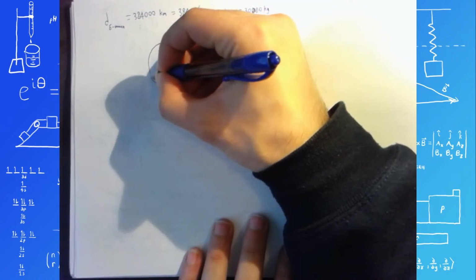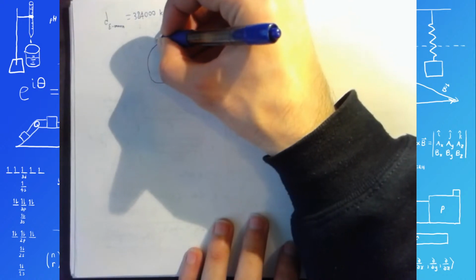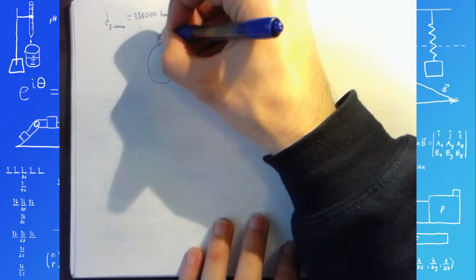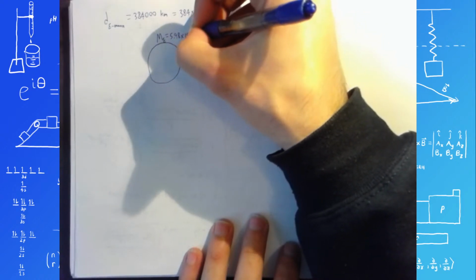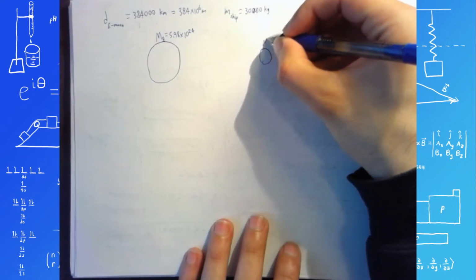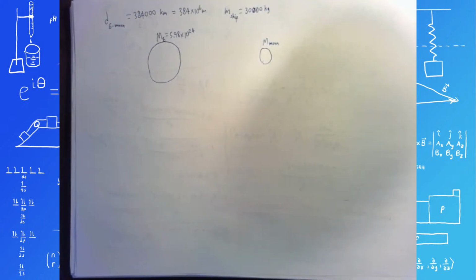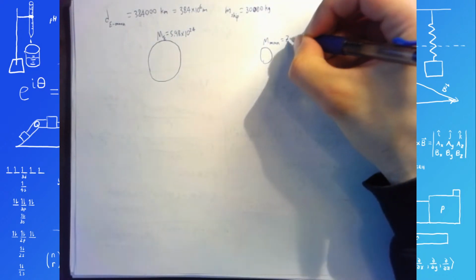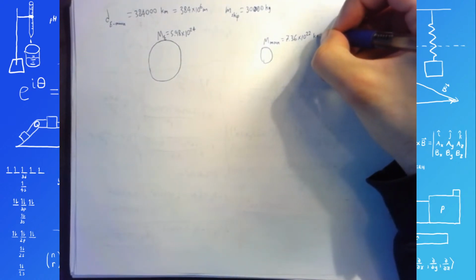Basically, they want us to look up the mass of the Earth and the mass of the Moon. Mass of the Earth, we already know: 5.98 times 10 to the 24, as we've seen in previous examples. And then the mass of the Moon is 7.36 times 10 to the 22 kilograms.